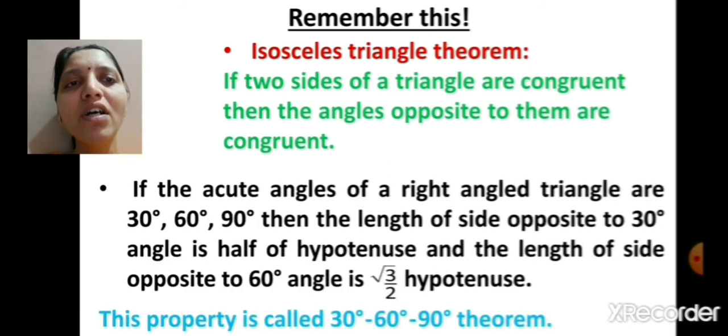Then we have learned the 30 degree, 60 degree, 90 degree theorem, which states that if the acute angles of a right angle triangle are 30 degree and 60 degree, then the length of the side opposite to the 30 degree angle is half of the hypotenuse, and the length of the side opposite to the 60 degree angle is √3/2 times the hypotenuse. Okay, this property is known as the 30 degree, 60 degree, 90 degree theorem.